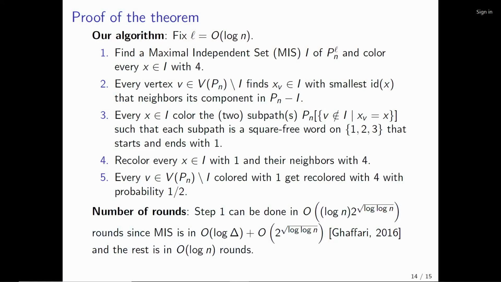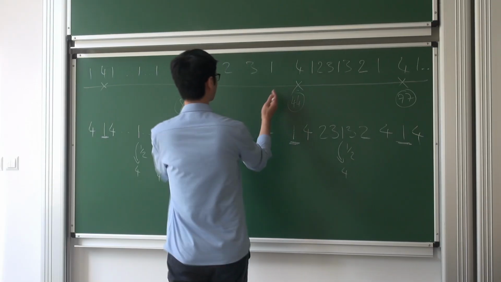Now, let's first look at the communication complexity of this thing before correctness, just to make sure that we are efficient. The first step here, I'm just taking MIS. So again, I'm just multiplying log n by some known complexity for MIS. I just try to find the best one that we know. It's always something like this. And then the rest we can do in log n rounds. Why is that? Because these guys cannot be too big.